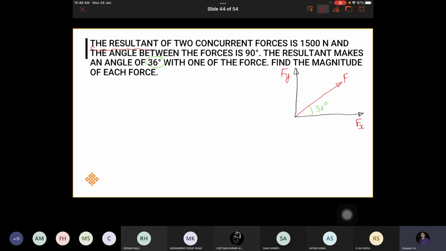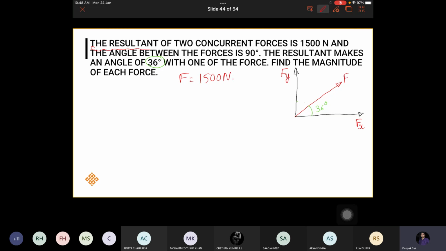Now, see, F value is given. F value is given as how much? 1500 Newton. Is it correct? Yes, sir. Now we have to find the values of Fx and Fy.